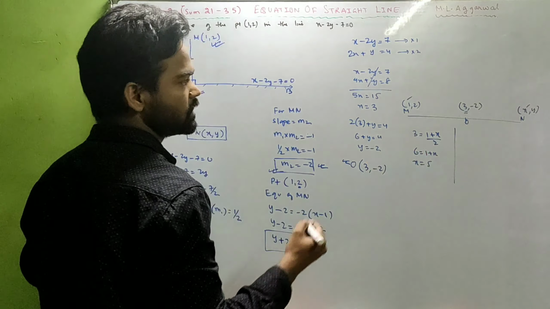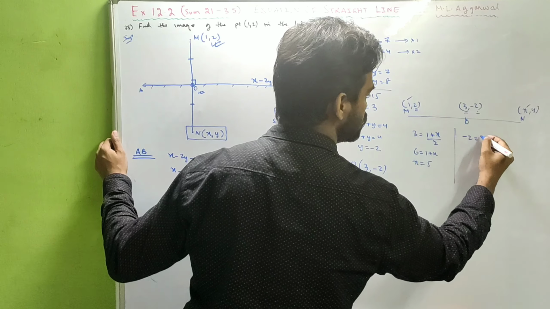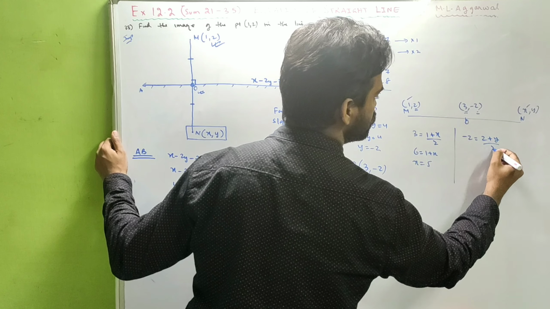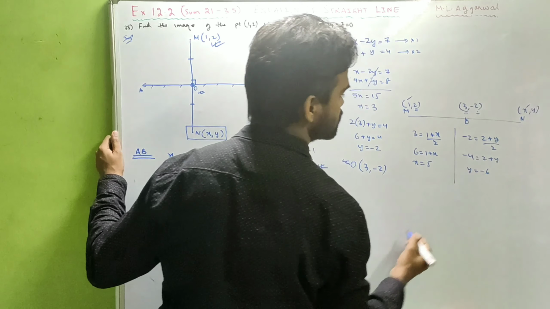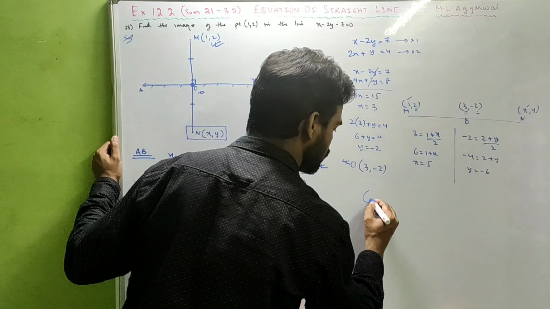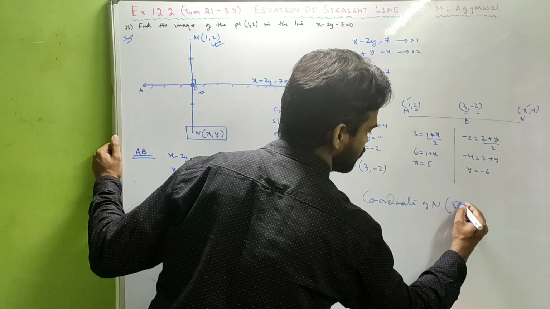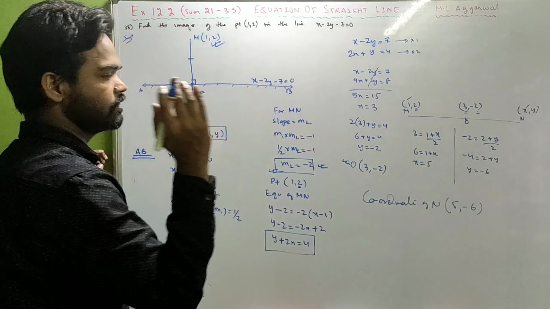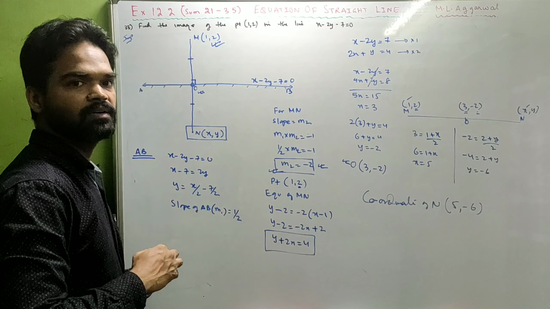Done. Similarly, minus 2 will be equal to (2 plus y) by 2, which is minus 4 equals 2 plus y, which is y equals minus 6. Which means the coordinate of N is nothing but (5, minus 6). A very nice sum.